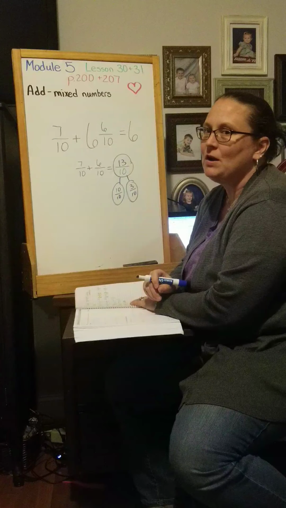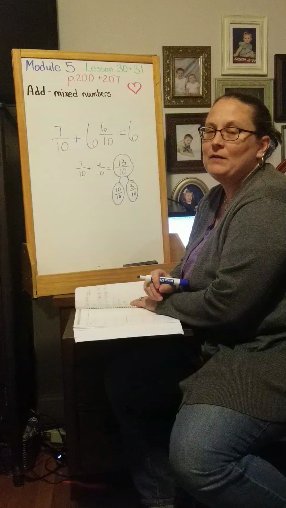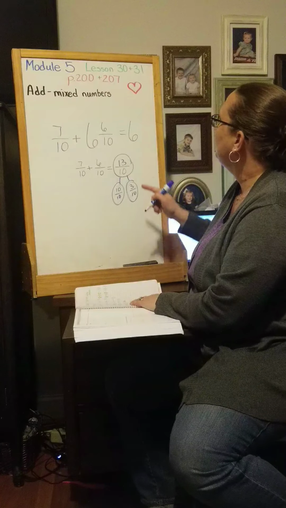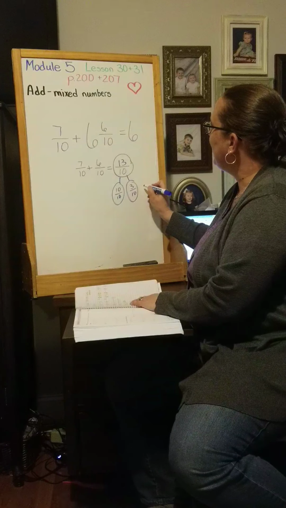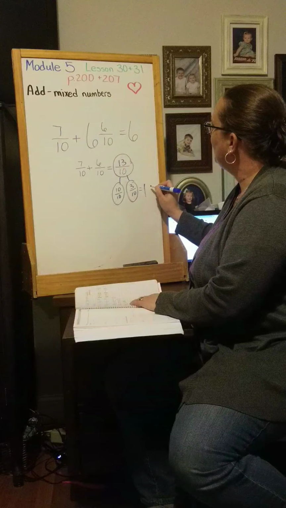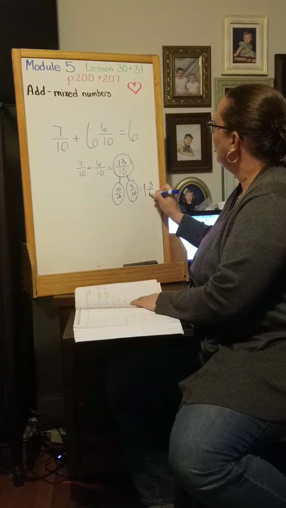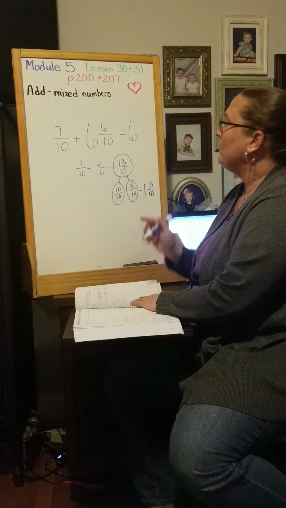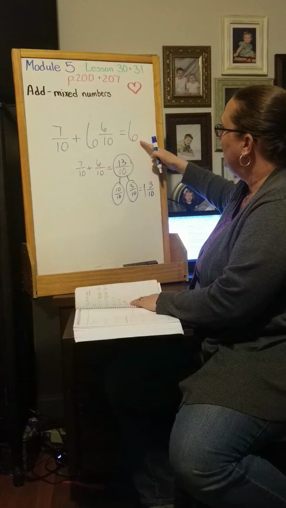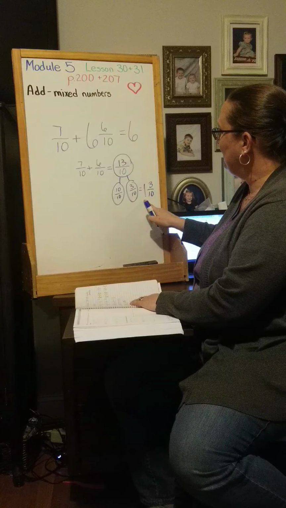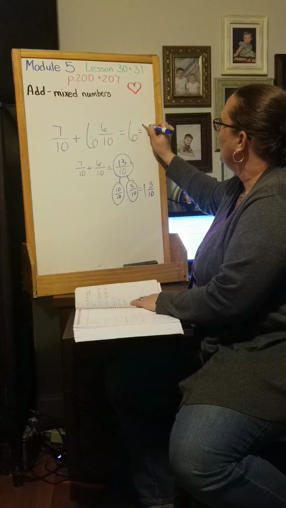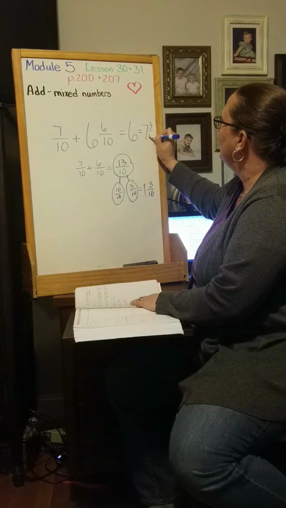You don't have to draw the number bond, but if it helps you, draw it, okay? So we know if we have 13 tenths, we have a whole and 3/10. So we already had 6. We've got another whole, so that would be 7. And then 3/10.